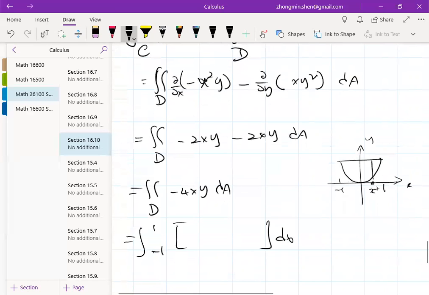Then for each fixed x, you look at the y value. The y value changes from the top one, which is 1, to the bottom one, which is y equals x squared. This is because of the parabola. So it's the integral from x squared to 1 of negative 4xy dy.